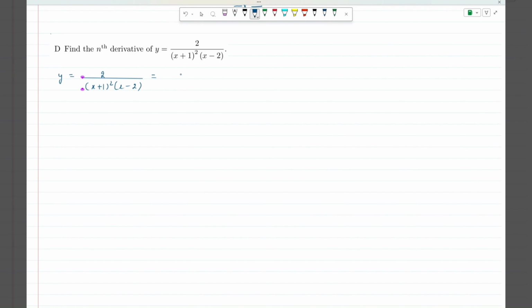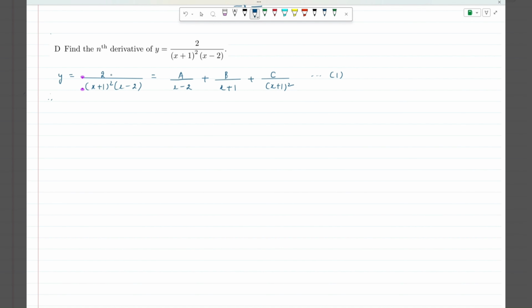y = a over (x minus 2) plus b over (x plus 1) plus c over (x plus 1) whole square. Our objective is going to be to find out the values of a, b and c that satisfy this particular equation.